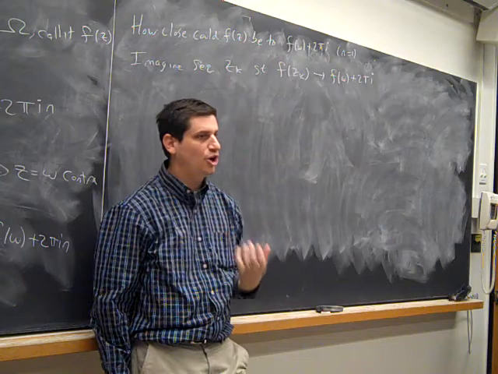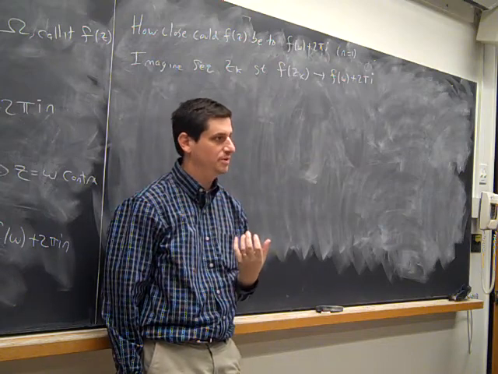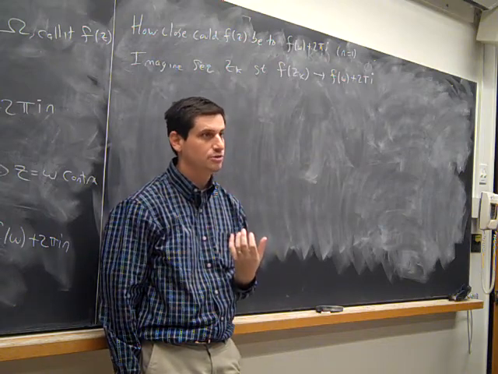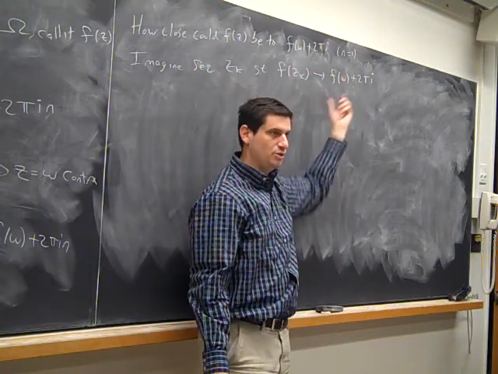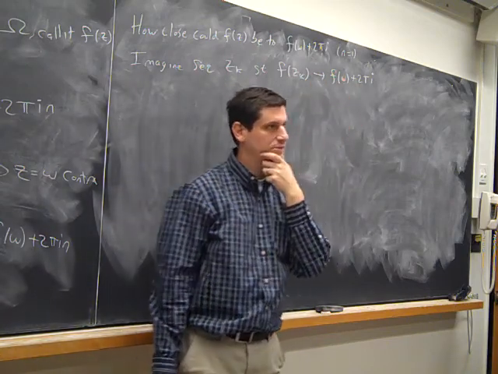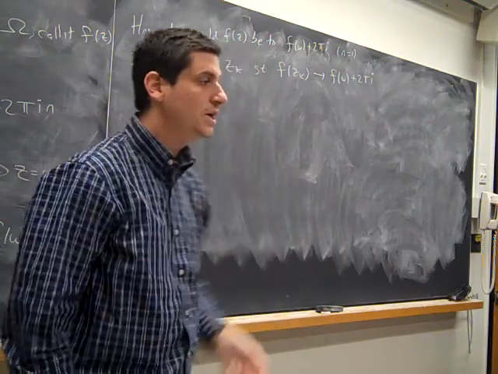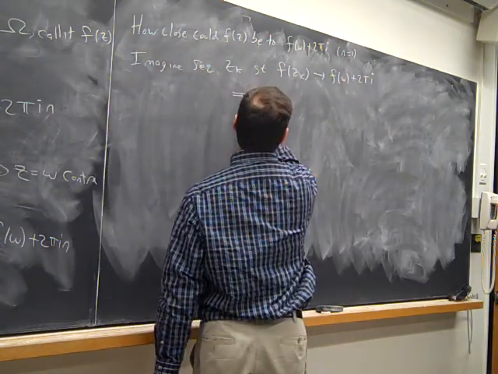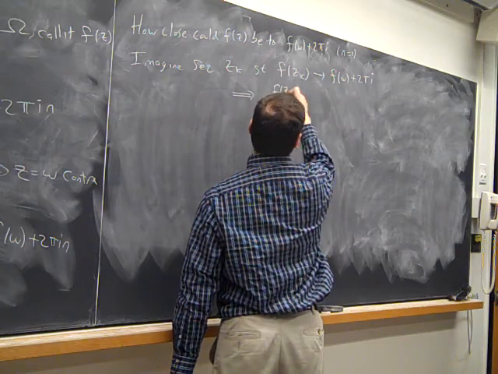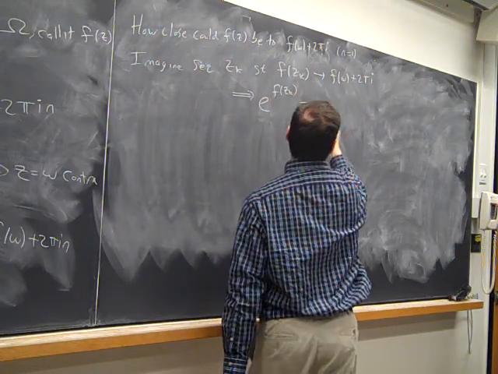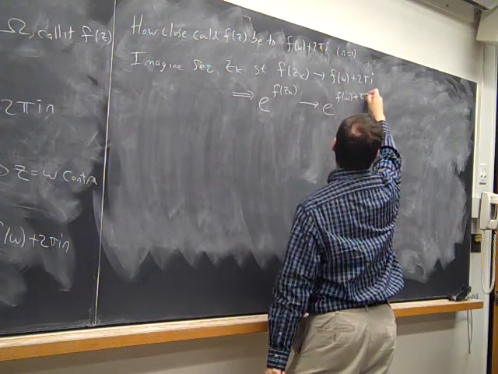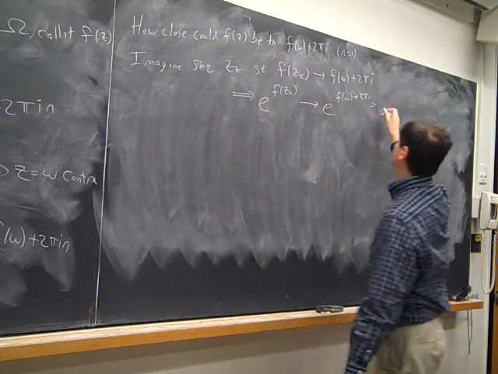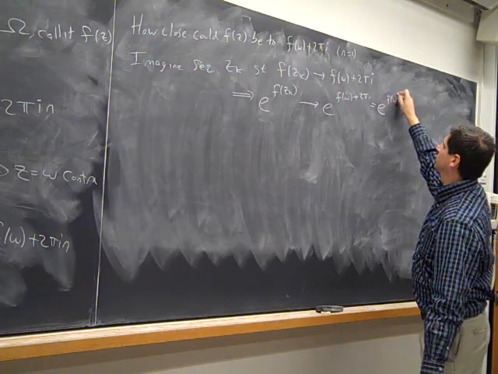So what function is always in your mind paired with the logarithm? The exponential. So if the logarithms are approaching these, what else must be approaching? The exponentials. Therefore, e to the f of zk has to be approaching e to the f of w plus 2 pi i. Oh well, that's just e to the f of w.